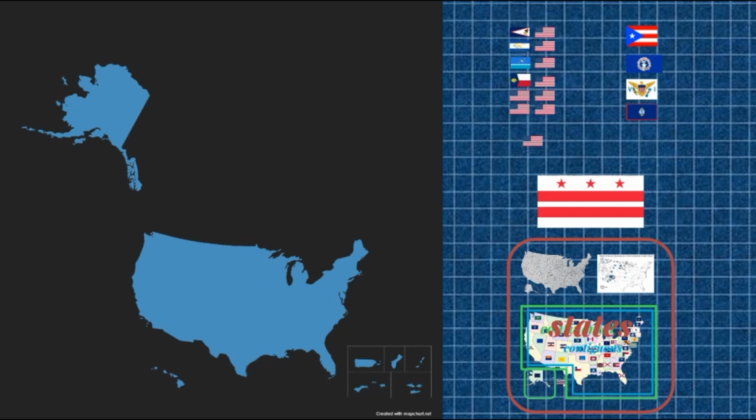These are the Commonwealths. They are basically self-governing, but they cannot have external affairs? The USA basically does everything for them. And they're basically self-sustaining.